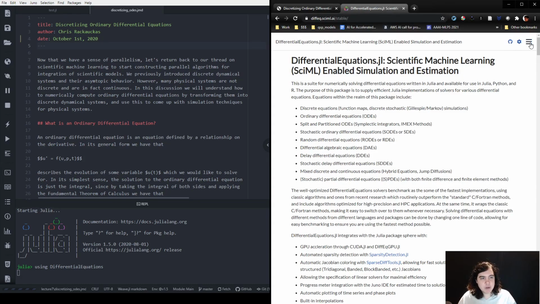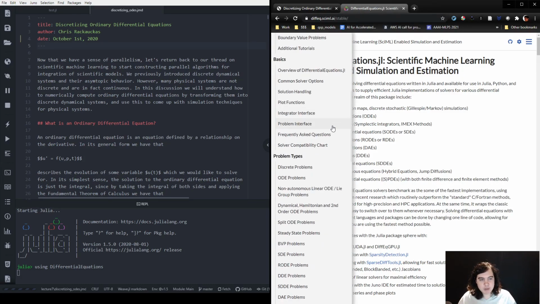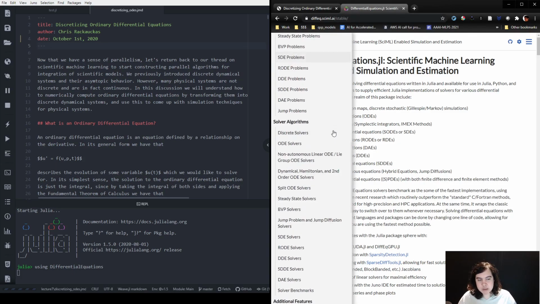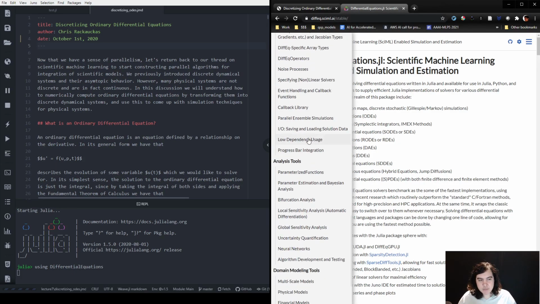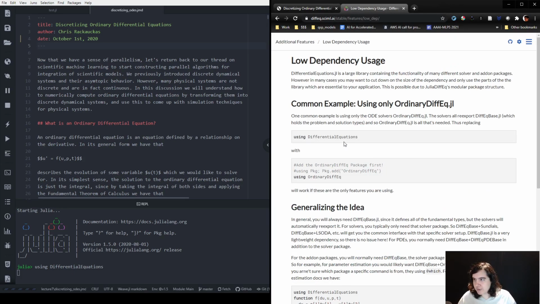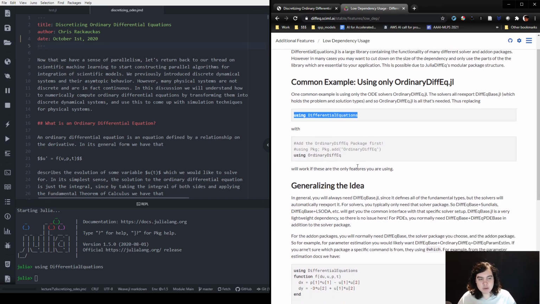So one trick that a lot of people like to make use of, which is documented in the low dependency usage part of the documentation, is you don't generally need to use all of DifferentialEquations. It's a nice, easy thing to write down. But if you want to decrease your load time or be more specific in what you're using, you can directly go to some of these solver libraries.